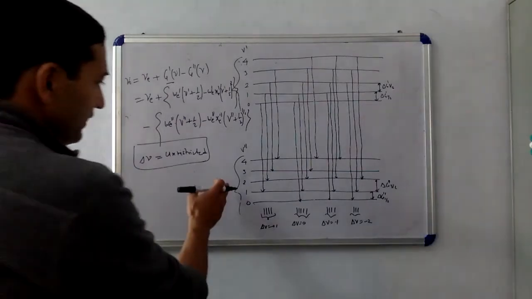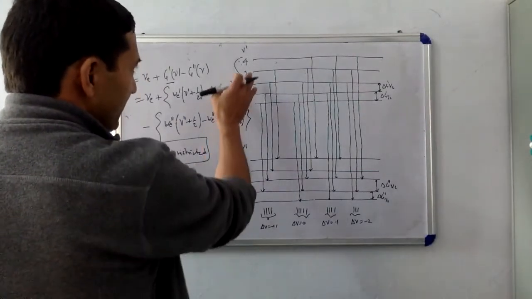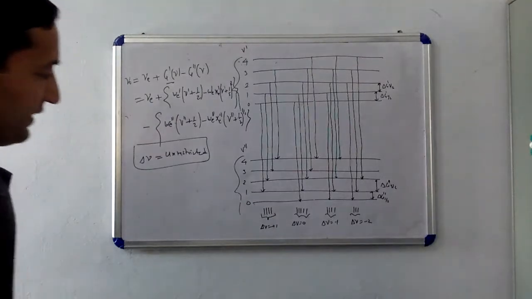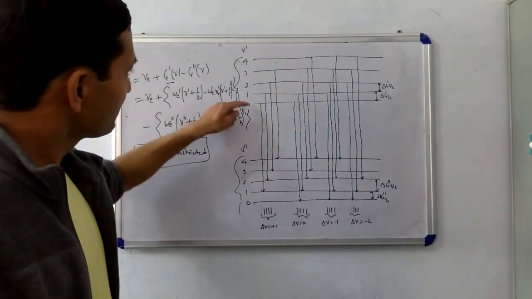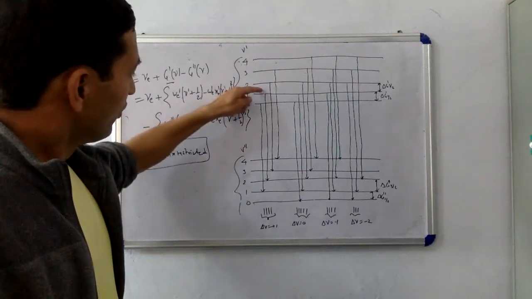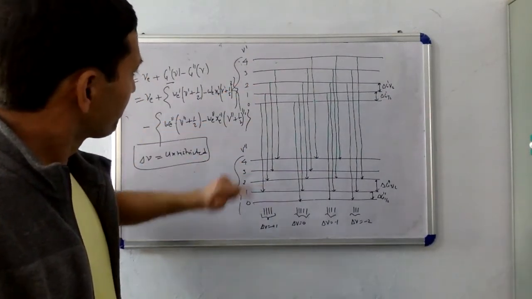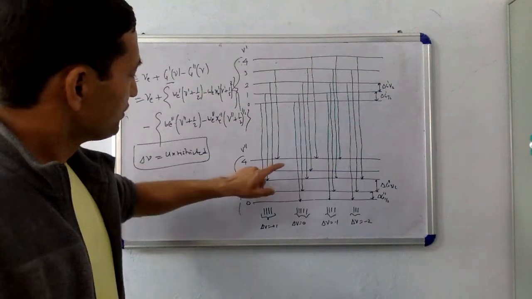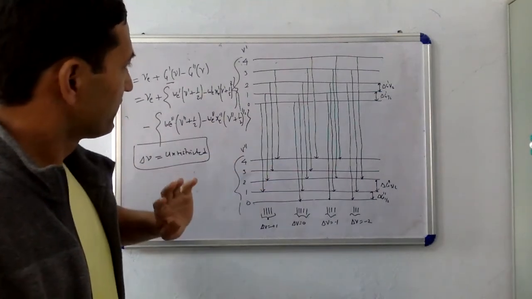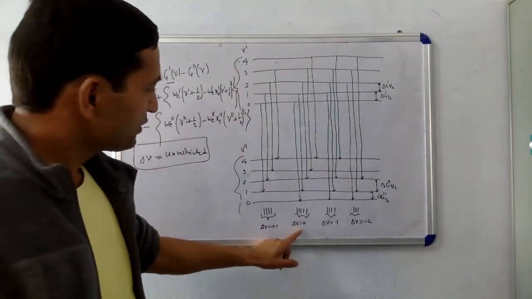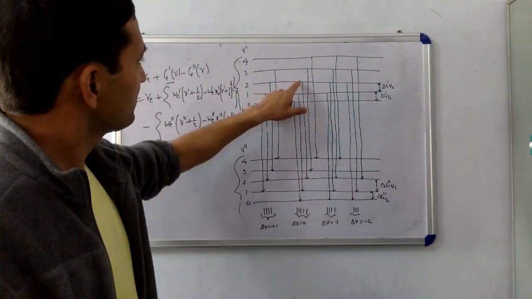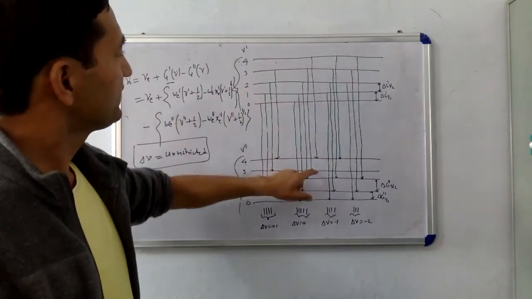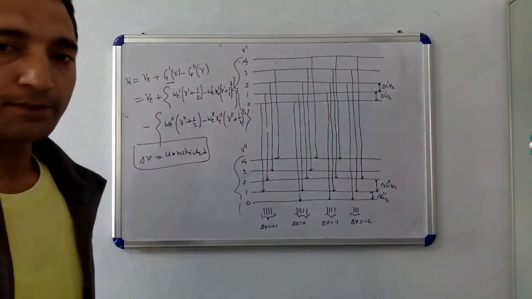Now these are the lower electronic state, and this is the higher energy state. When Δν is equal to +1, the transitions are 0 to 1, 1 to 2, and 3 to 4. Now if Δν is equal to 0, then you have the 0 to 0 transition, 1 to 1, 2 to 2, 3 to 3, and 4 to 4 transitions.